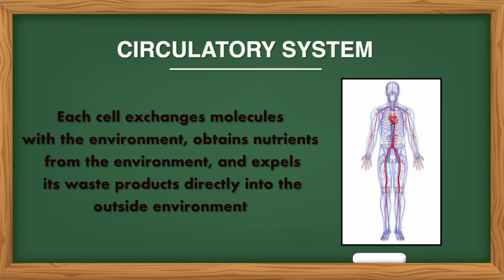Animal evolution has resulted in an increasing degree of specialization within tissues and organs. For example, simple multicellular organisms like sponges have structures where every cell interacts directly with the environment. Each cell exchanges molecules with the environment, obtains nutrients from the environment and expels its waste products directly outside.